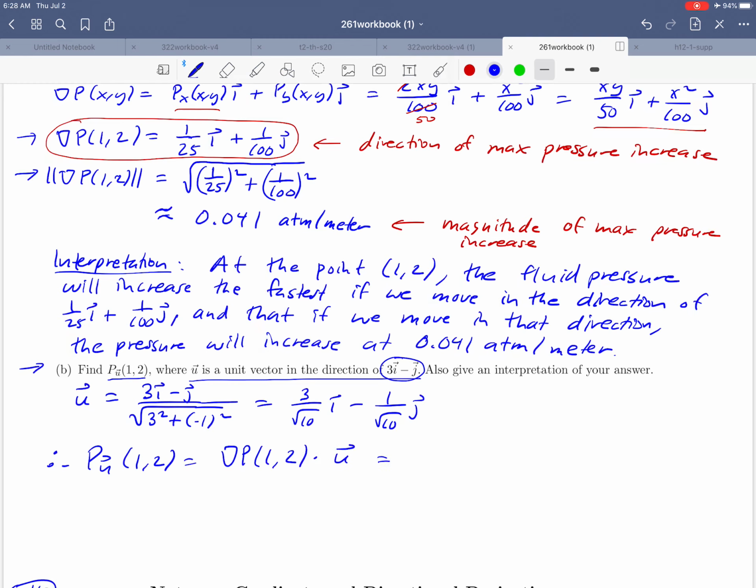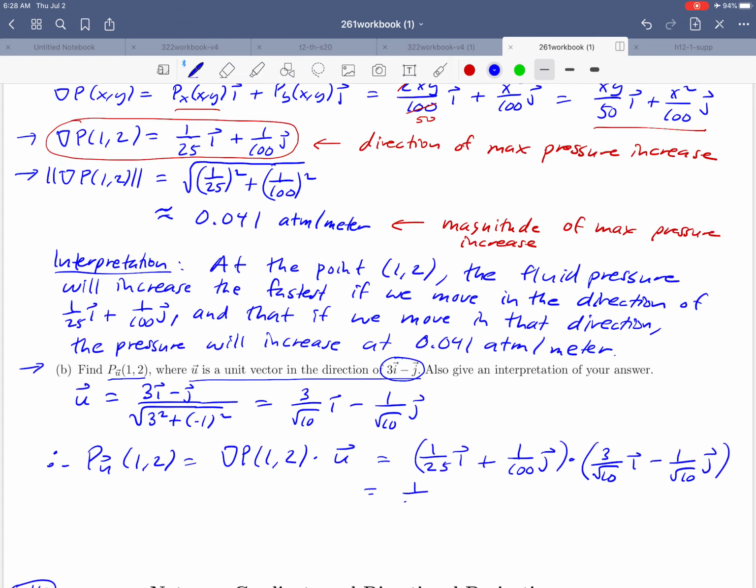If we put those two pieces together, that's going to look like 1/25 i plus 1/100 j dotted with the u that we just calculated above.